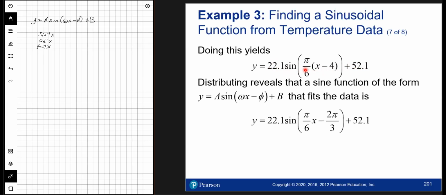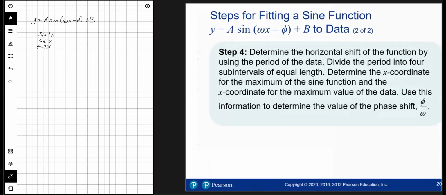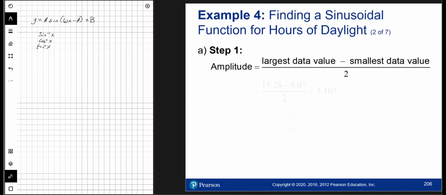And then we're doing a compression. We're increasing the frequency with omega. Okay. And then the steps to find those things.